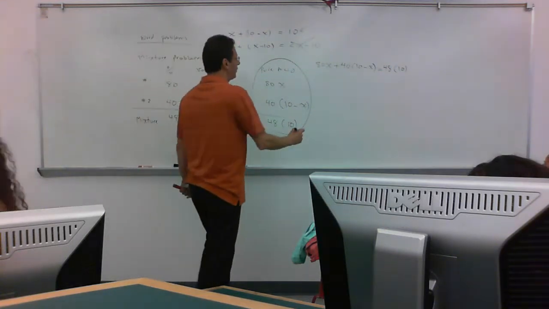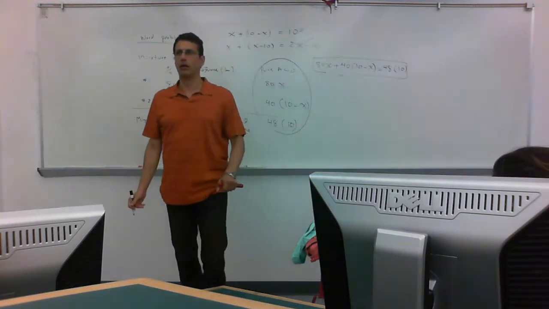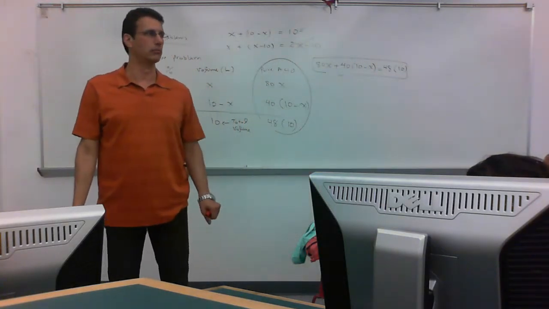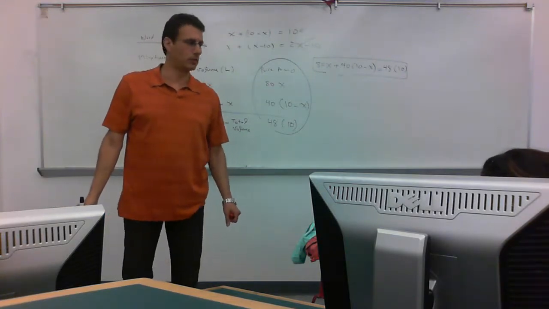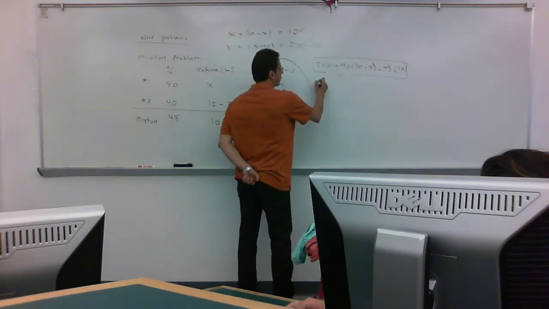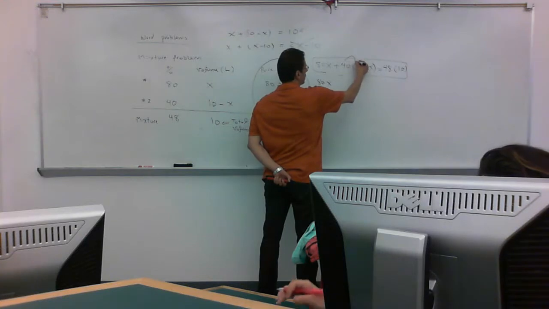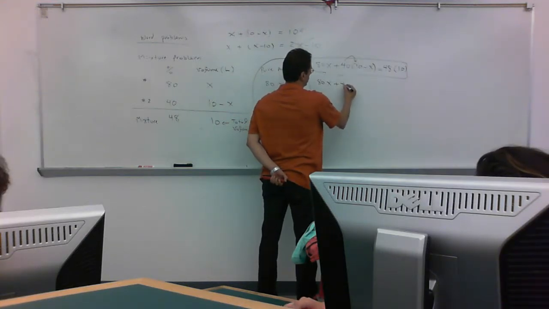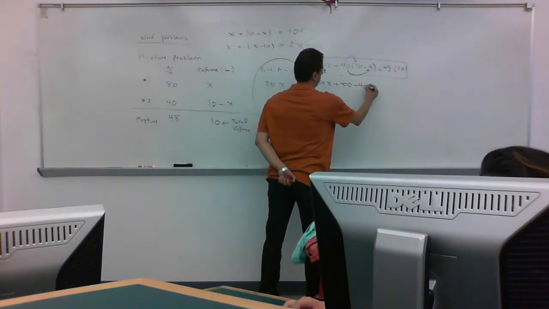All right, so what do we have here? When you get here, as I mentioned, you really have done most of the challenging part, about 50-60% right here. So let us solve this equation. Help me out. So what do we have? 80x plus 400, right? Minus 40x.